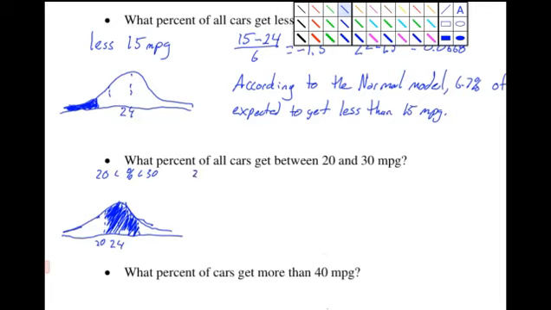20 minus 24 over 6 equals negative 2/3, so negative 0.67. And for less than 30, 30 minus 24 over 6 equals 1.